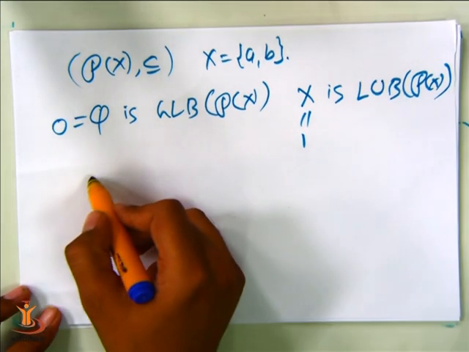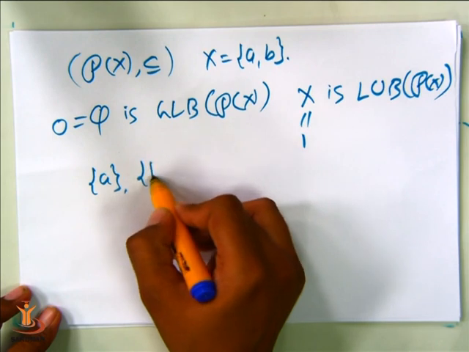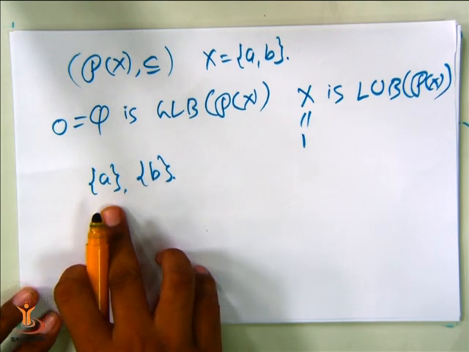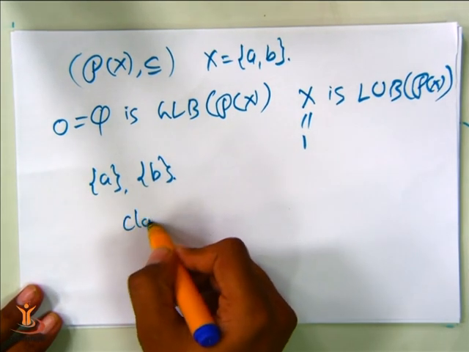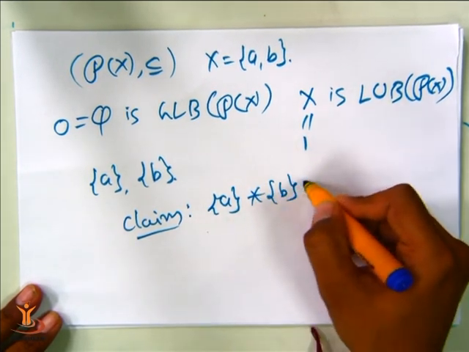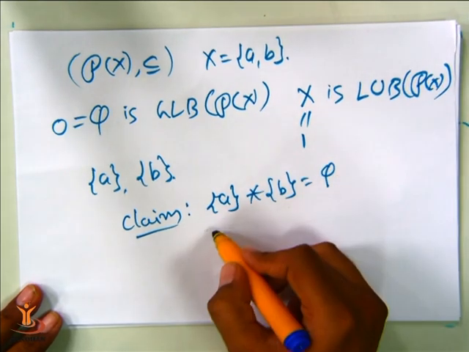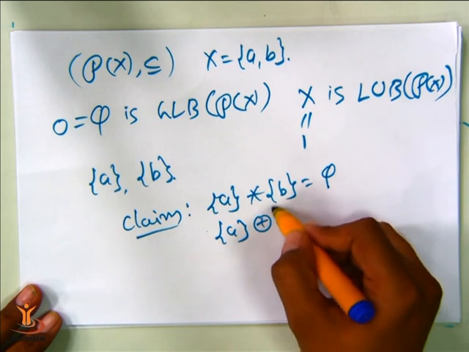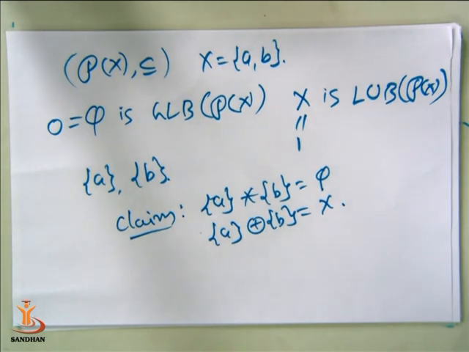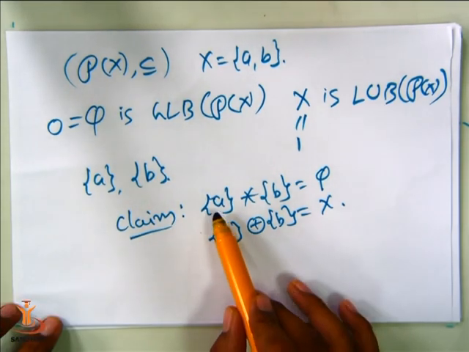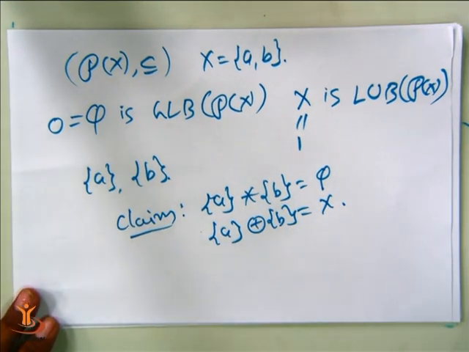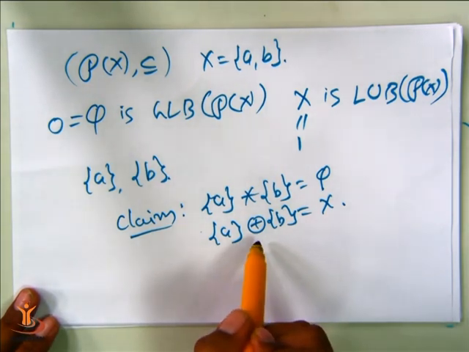Now take two elements, singleton set A and singleton set B. Here I will show that singleton set B is a complement of singleton set A. For that, our claim is to prove that singleton A star singleton B should be 0, that is phi, and singleton A ring sum singleton B should be X. In the power set of X, the greatest lower bound is given by intersection and the least upper bound is given by union.